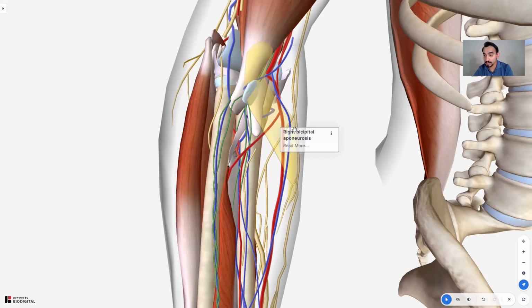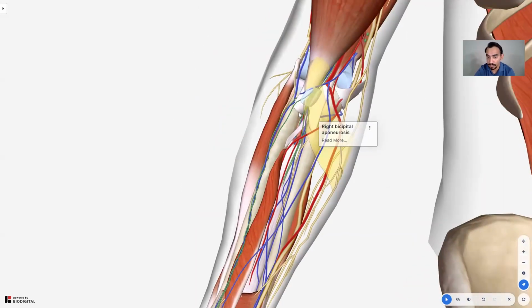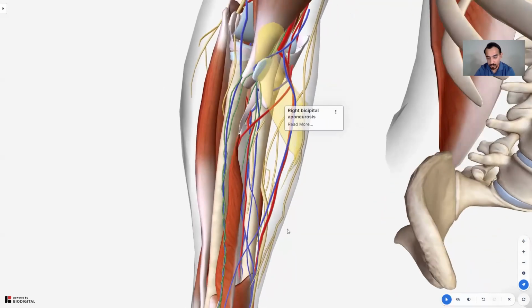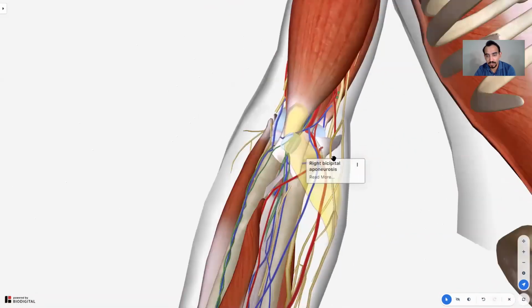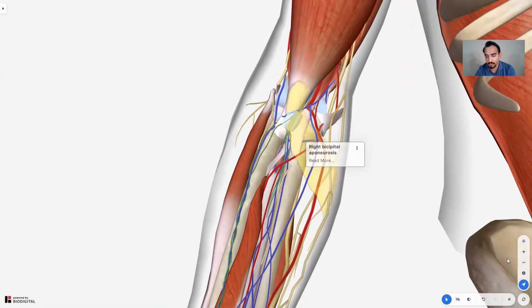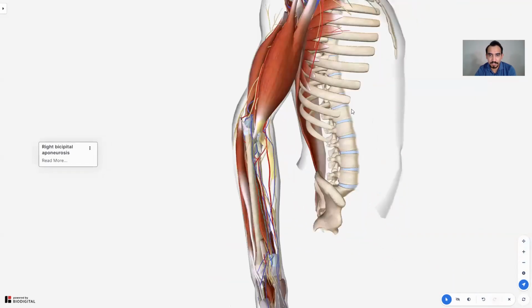But the primary insertion of biceps is the radius, especially the top of the radial tuberosity, at the start of the forearm. So that's your biceps. Nothing unique about biceps we need to know.